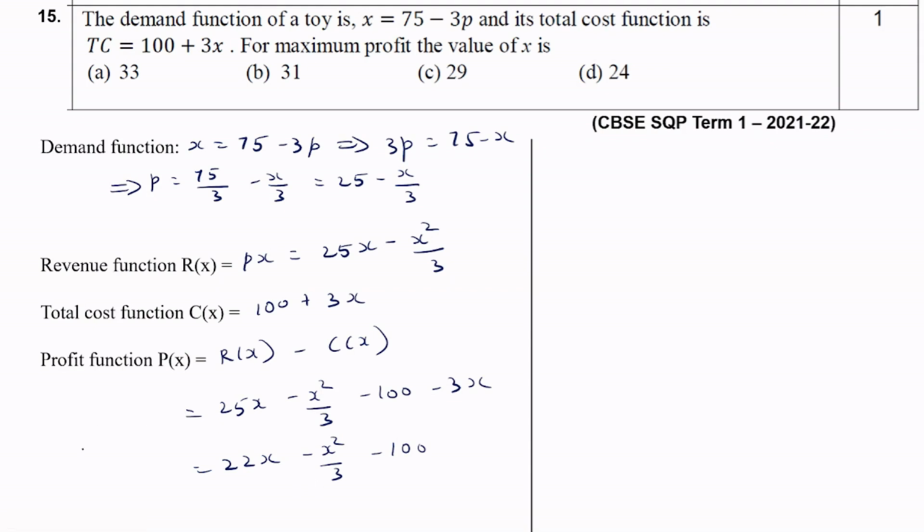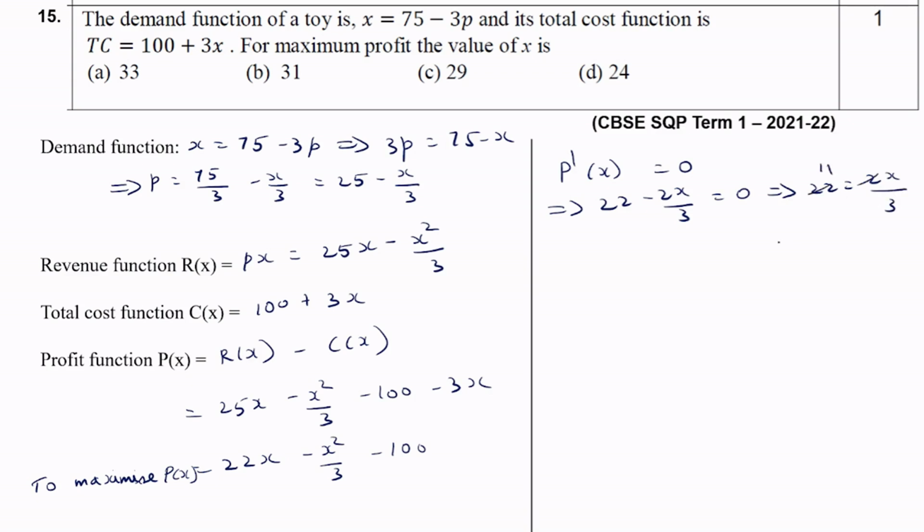Now we have to maximize this function. To maximize, P of x, we have at the critical points P dash of x equal to 0 implies 22 minus 2x by 3 equal to 0. This implies 22 equal to 2x by 3. Here this will go 11 times, or x is equal to 33.